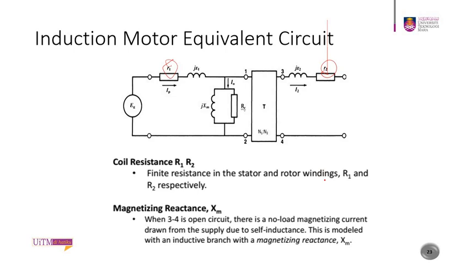Then you have XM, the magnetizing reactance. When terminals 3 and 4 are open, there is no-load magnetizing current drawn from the supply due to self-inductance. This is modeled with an inductive branch, XM, the magnetizing reactance.